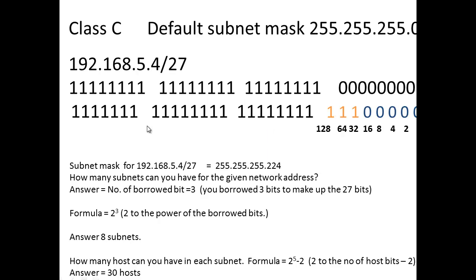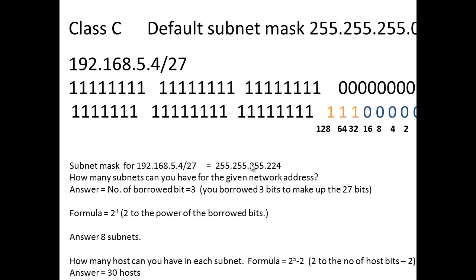Before, if we had a 24 here instead of a 27, the subnet mask would be the default subnet mask. But now it changes, and we see that the last octet now has a number of 224. So that's how we find out the subnet mask.